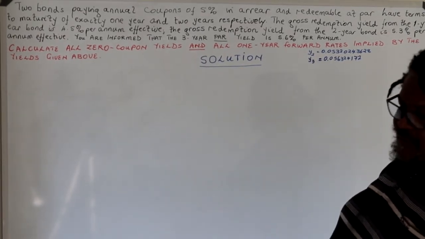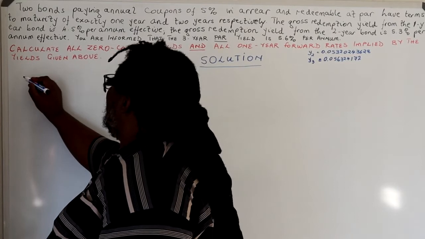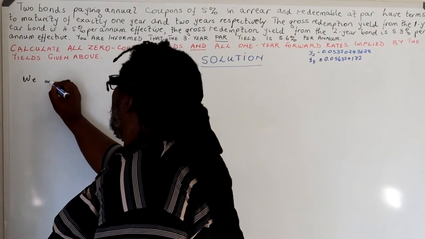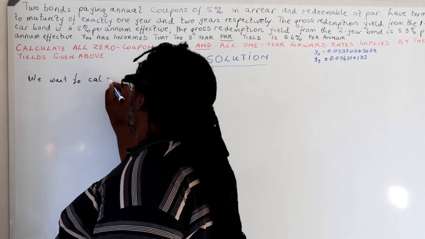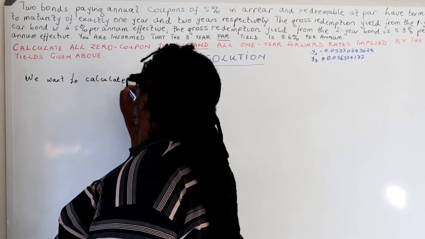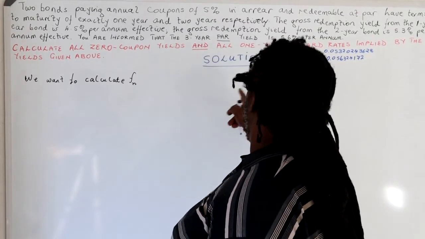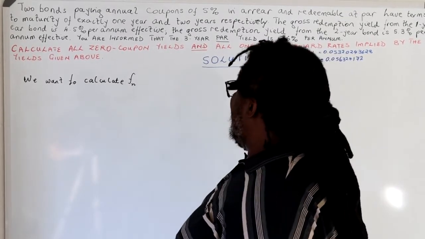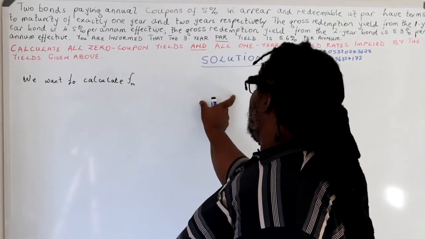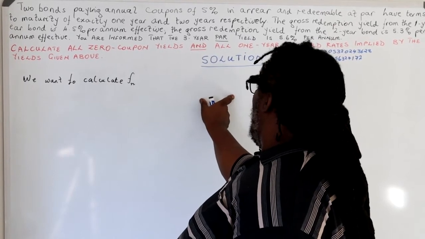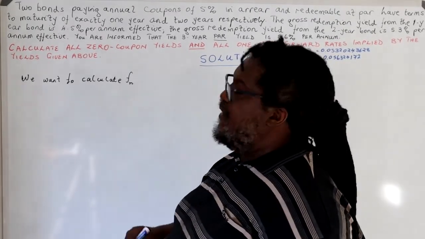So we want to calculate Fn from the yields of zero coupon bonds. Fn is the forward rate, and n will tell you the period for which the forward rate is being calculated. And here it's a 1 year forward rate, meaning that we just agree at the beginning of the 1 year that the rate will be applicable.